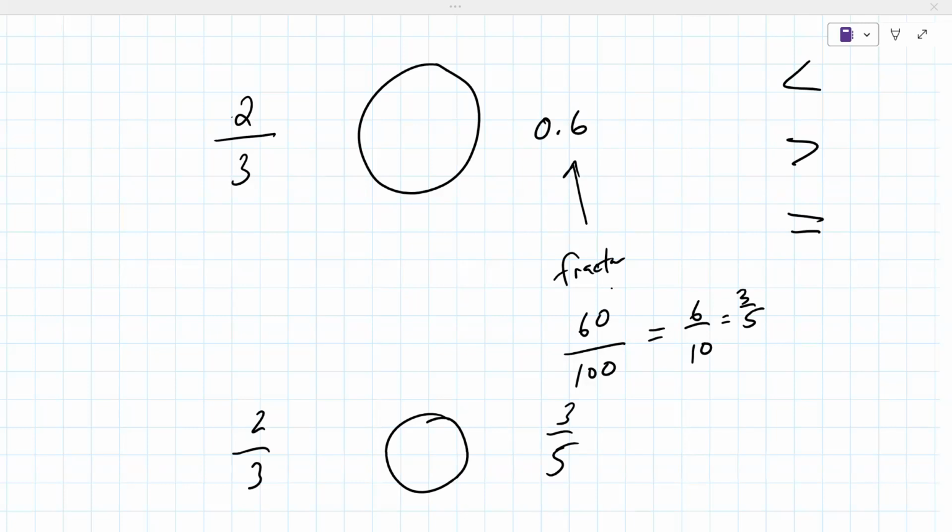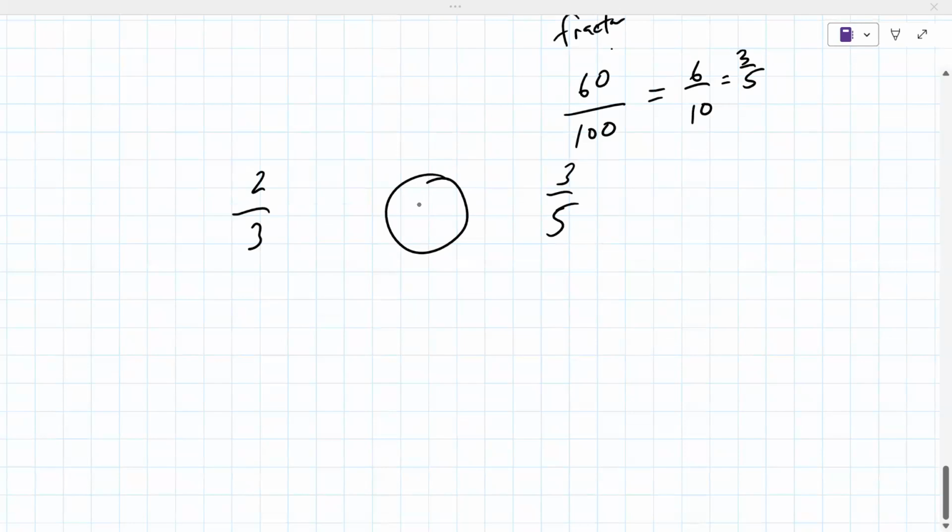So yeah, the 2/3 would be larger because it would become 10/15 and then 9/15. Right? So only 10/15 would be larger. All right, so there you go. This one is larger.